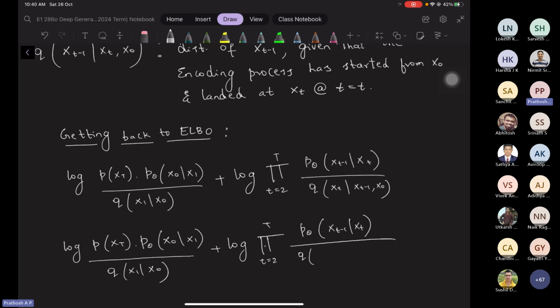This was q of xt minus 1 given xt and x naught times q of xt given x naught divided by q of xt minus 1 given x naught.